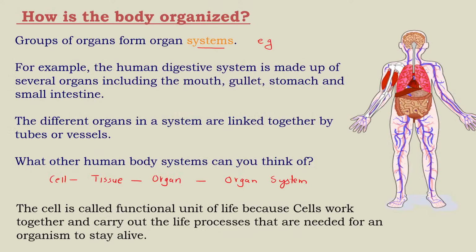As I have told you, the cell is called the basic structural and functional unit of life. Basic structural, how? Just like we have a house, which is made up of different rooms. Each room is made up of different walls.